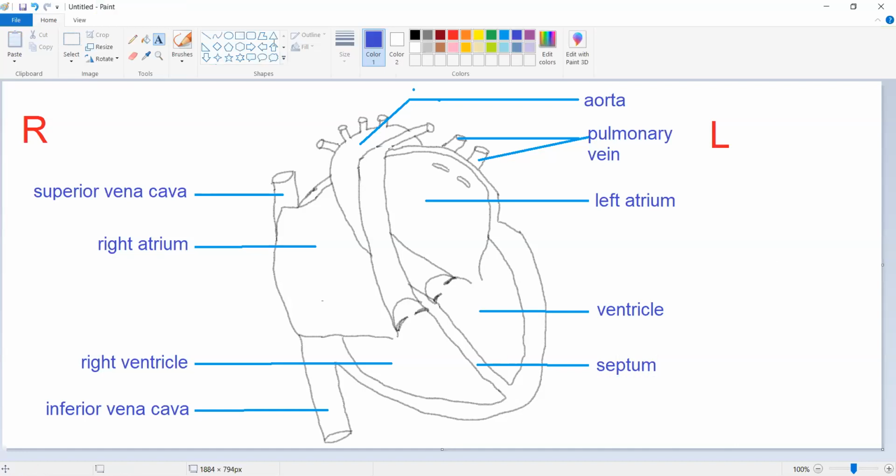Okay, the valves are not seen clearly, so it should have AV valve over here, and these are semilunar valves. And pulmonary artery. We missed pulmonary artery. This one.